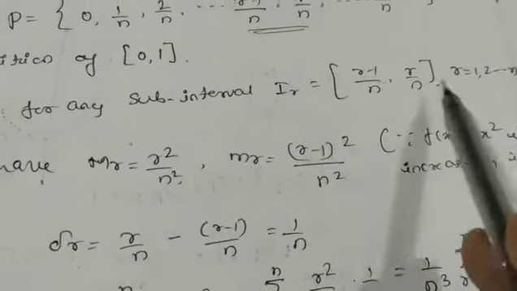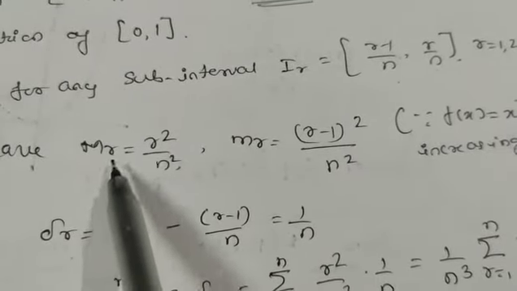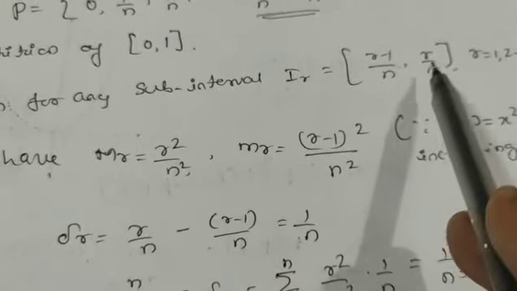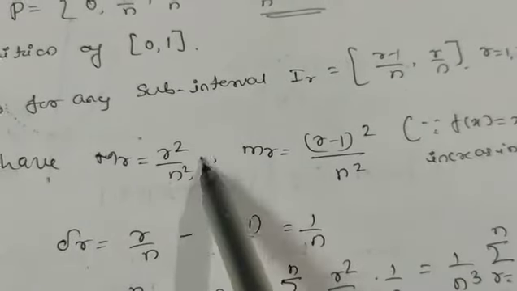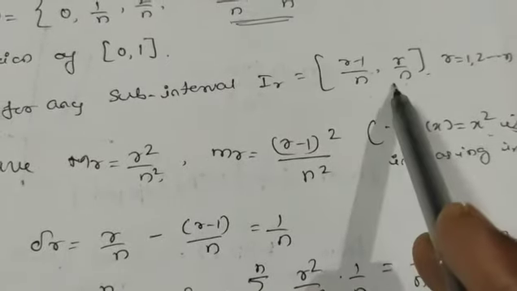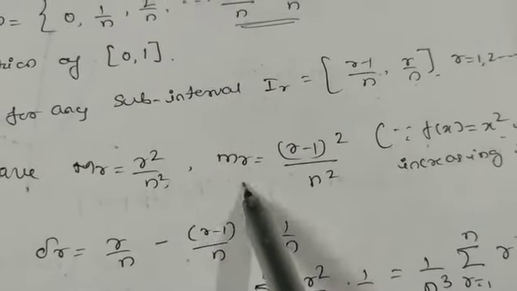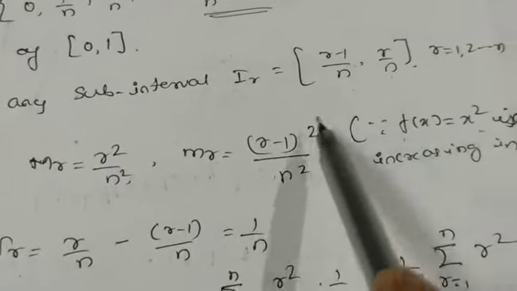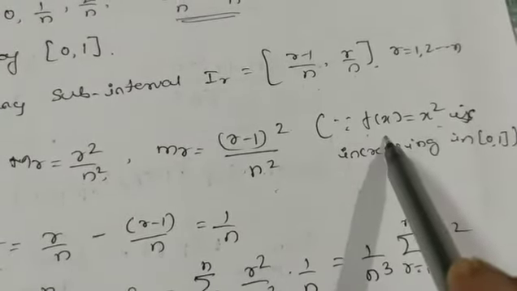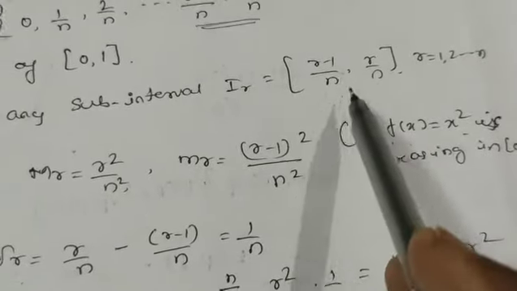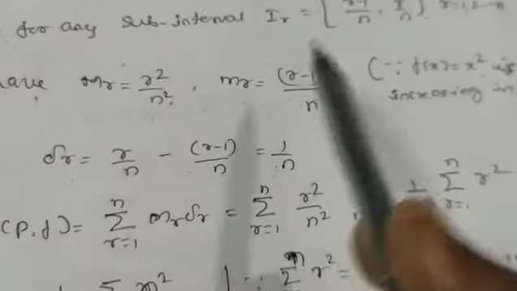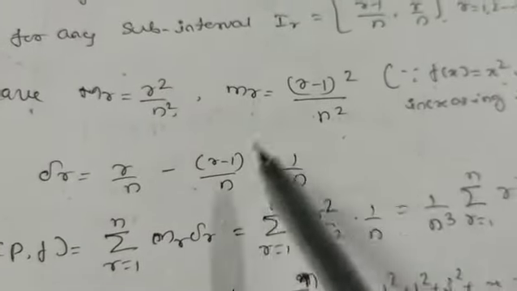Otherwise it is reverse. So the supremum, capital M_r, is (r/n)², because f(x) is x², that is r²/n², and small m_r is the infimum, that is ((r-1)/n)², because the function is f(x) = x², squared. So Δ_r is the length of this interval, r/n minus (r-1)/n.